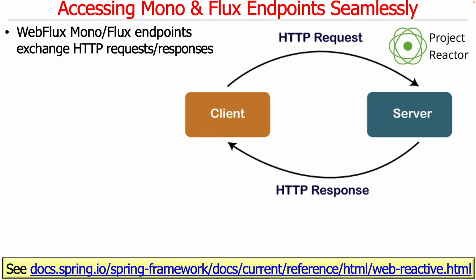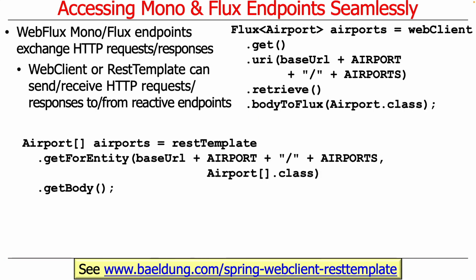Okay, so the way this all works, of course, in practice is we have the endpoints in our controller return monos and fluxes. And they can also take monos and fluxes if you want, although you don't always have to do that. But they should return monos and fluxes instead of returning lists or regular Java types. Now, there's a couple different ways to do this.